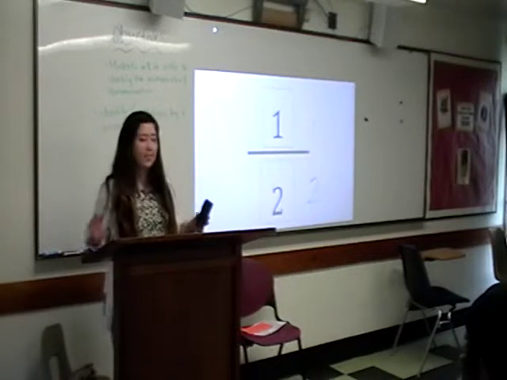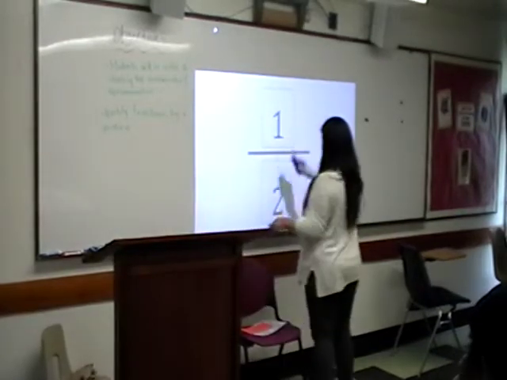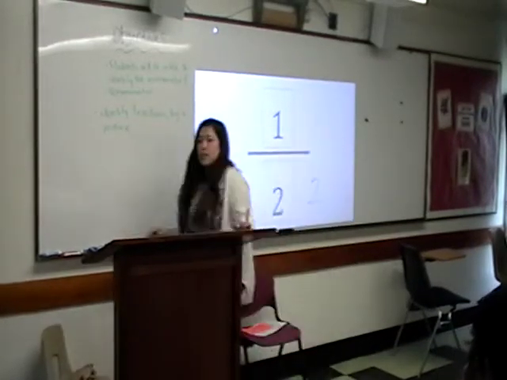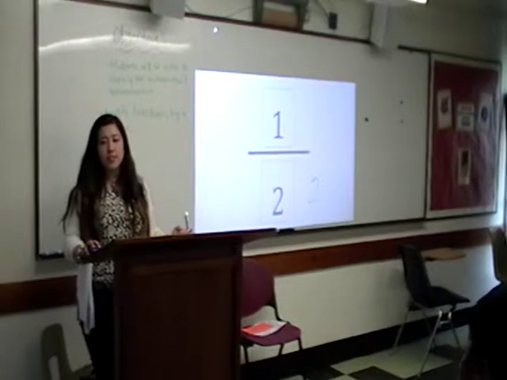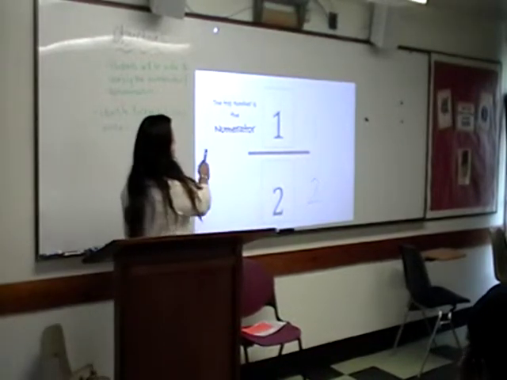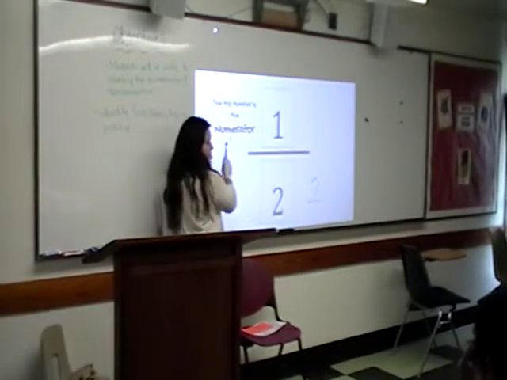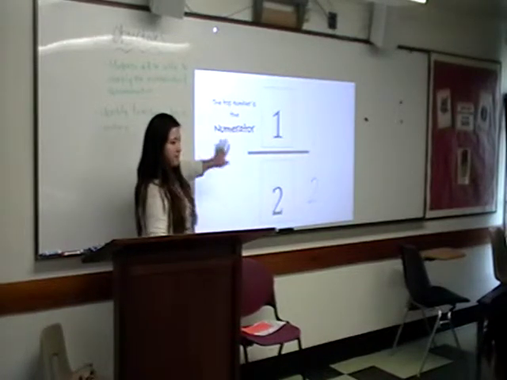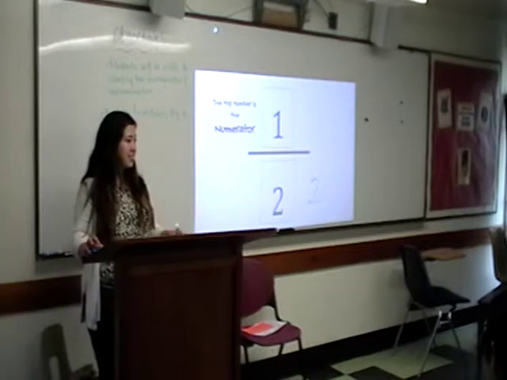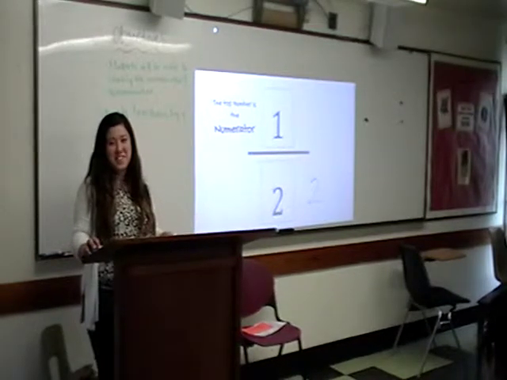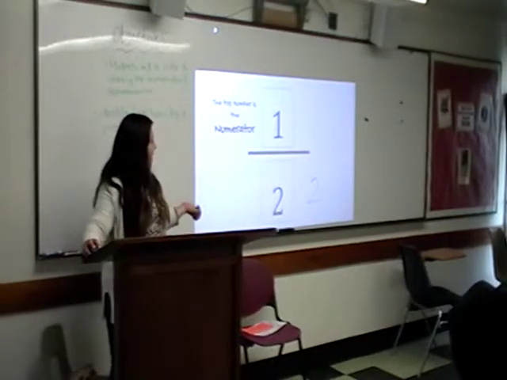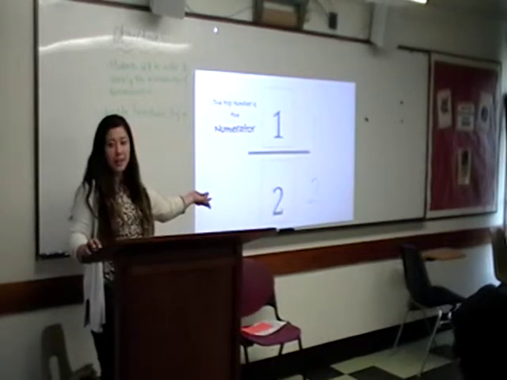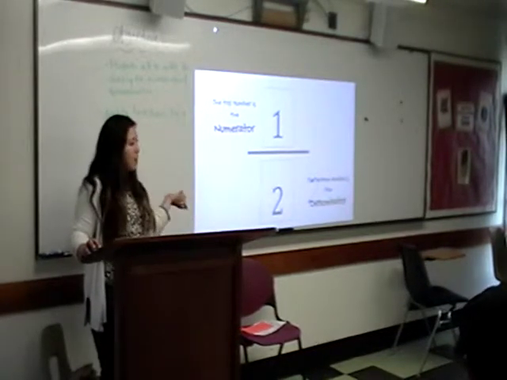So this represents the numerator. That's the top number, right? The top number is the numerator. You want to remember this term. Top number is numerator. Can you all say that? Numerator. Perfect. Like the Terminator. And the bottom number represents the denominator.